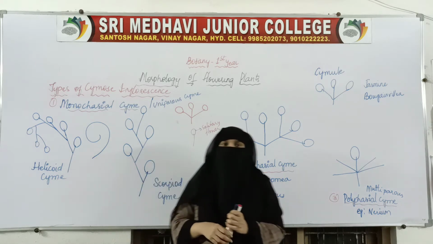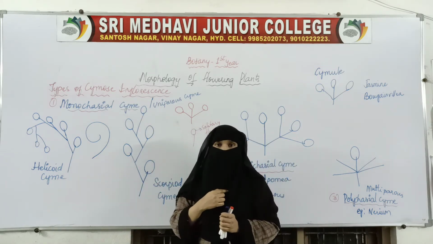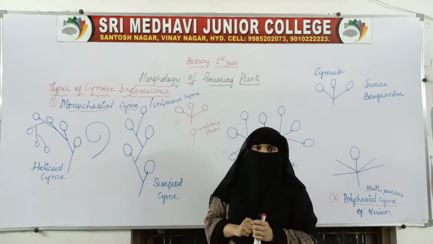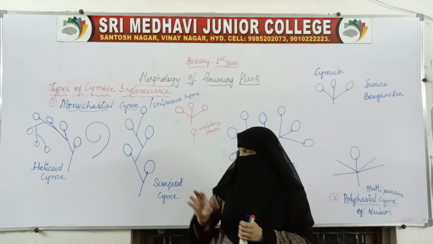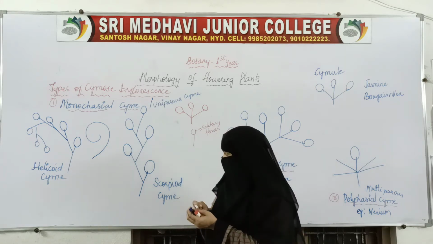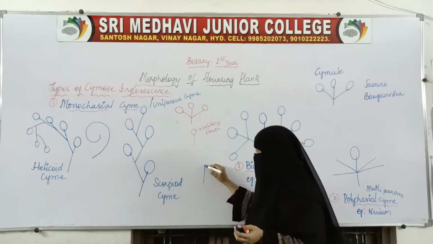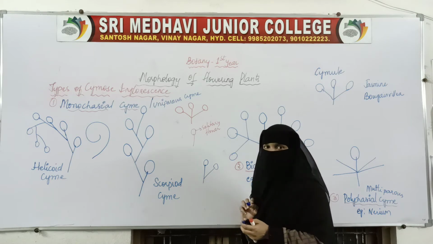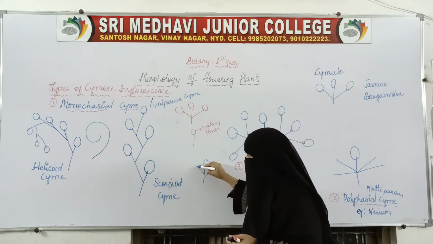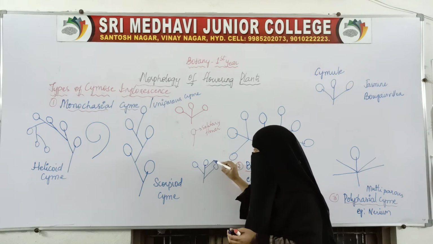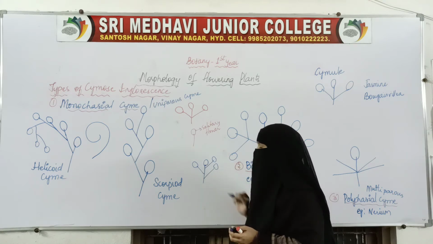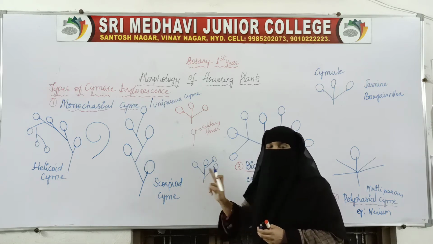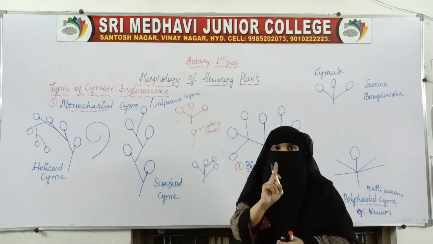Now let us see monochasial cyme, which is of two types. What is happening here is, every time a branch terminates into a flower, it gives only one branch at a time, and that also terminates into a flower. Every time it produces a branch, it produces only one branch.